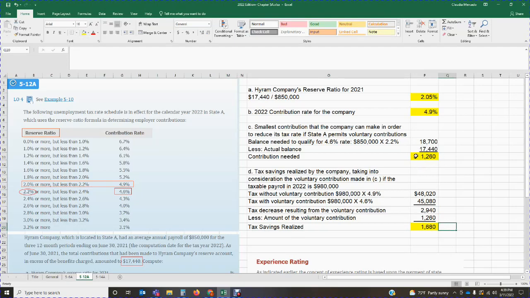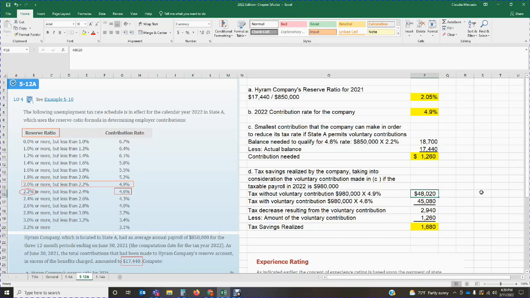That is my actual tax savings after I put into my reserve account an extra $1,260. So by me contributing an extra $1,260 into my reserve account, my contribution rate decreased from 4.9 to 4.6. So if I were not to have made that extra contribution, I would have been looking at paying $48,020 in taxes.